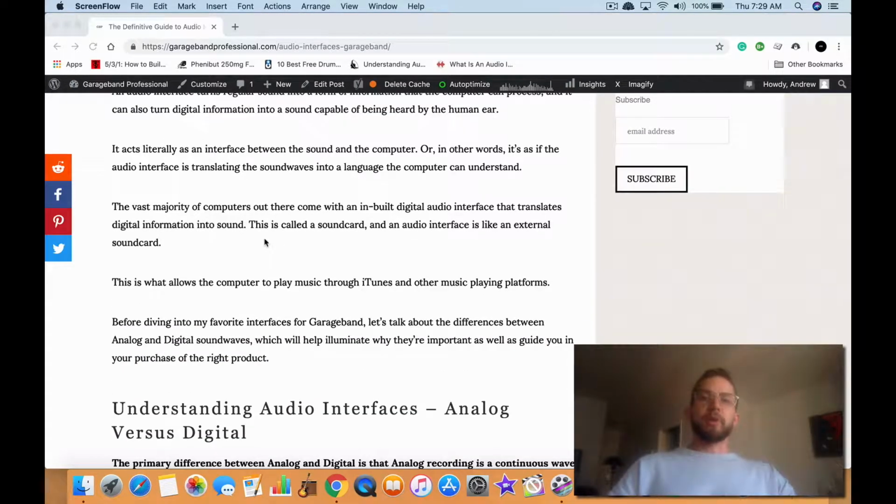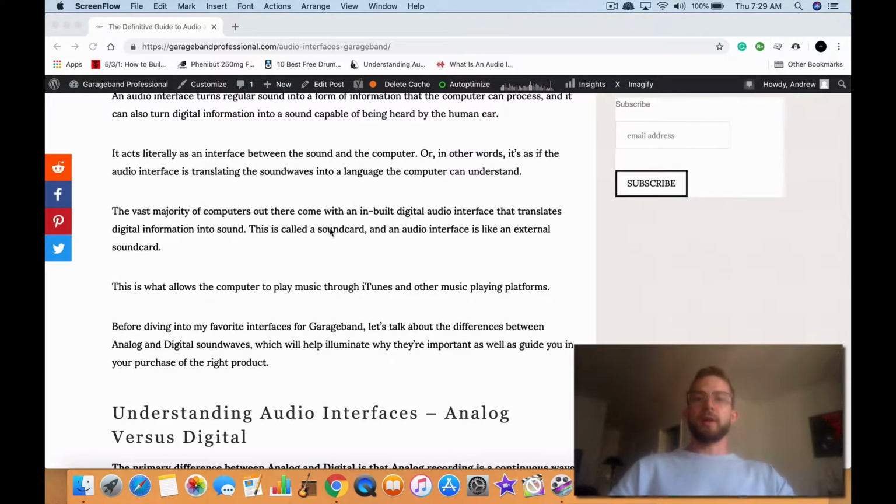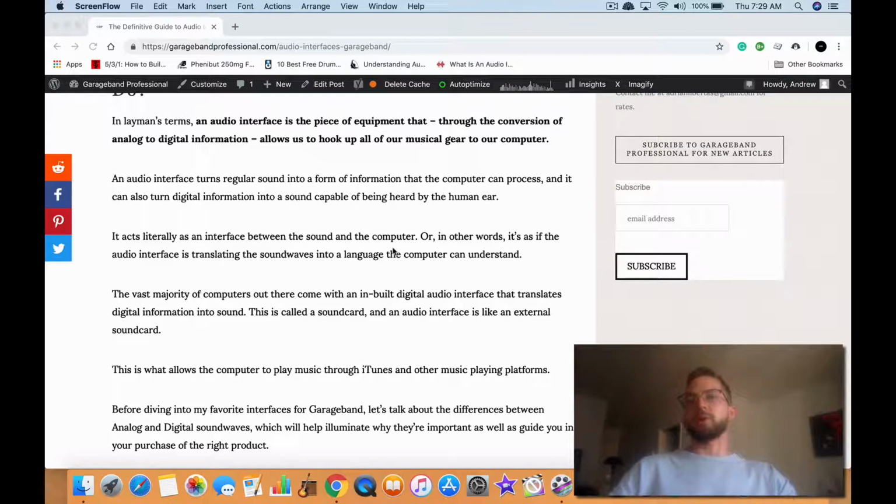But anyway, every computer comes with a sound card, and that's essentially what an audio interface is. It's a sound card, and every computer has one. It's turning all this digital information into music. The sound card within a computer is what allows us to play music through the computer, like iTunes and Spotify and YouTube and what have you.